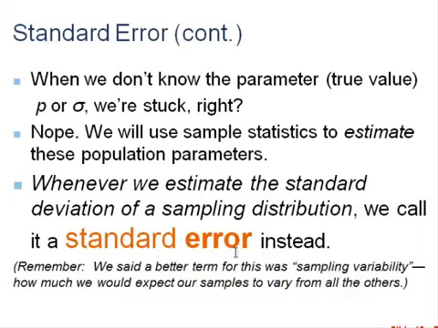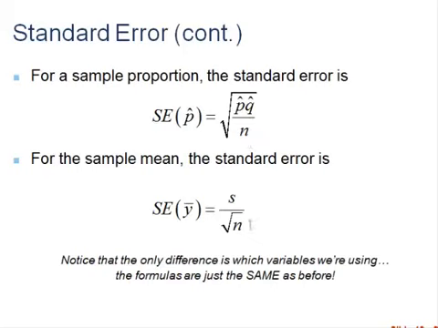Error does not mean anything bad happened. Here, error means variability. So do not think that error is, oh, we made a mistake in our calculations. Instead, I want you to think error is wiggle room. How much variation should I expect to see in my samples? So it's the same formulas, but the slight difference is that we use p hat and q hat and s instead of p, q, and sigma.